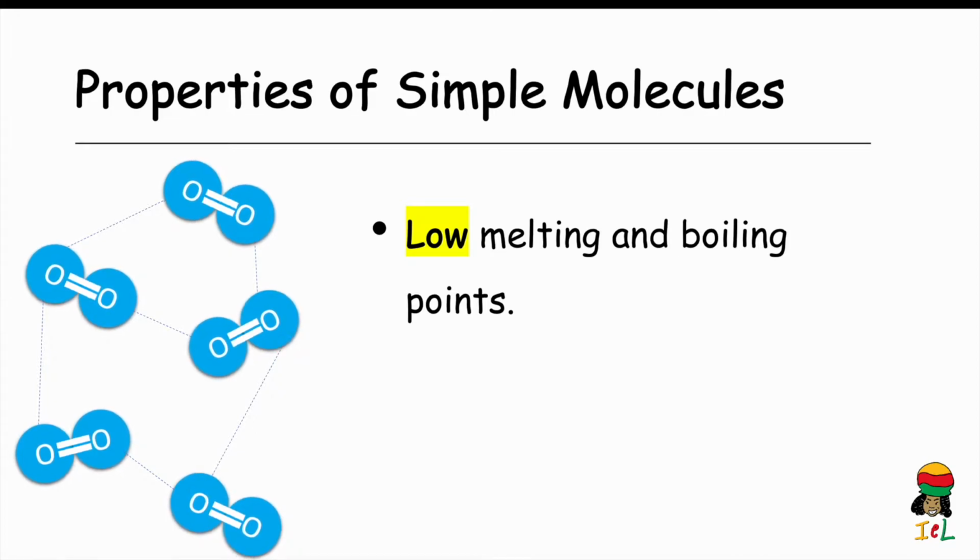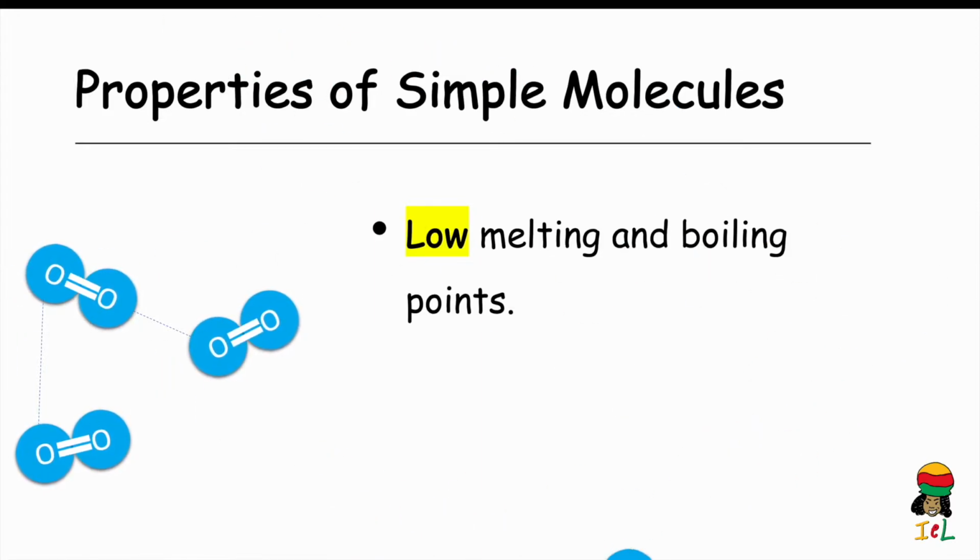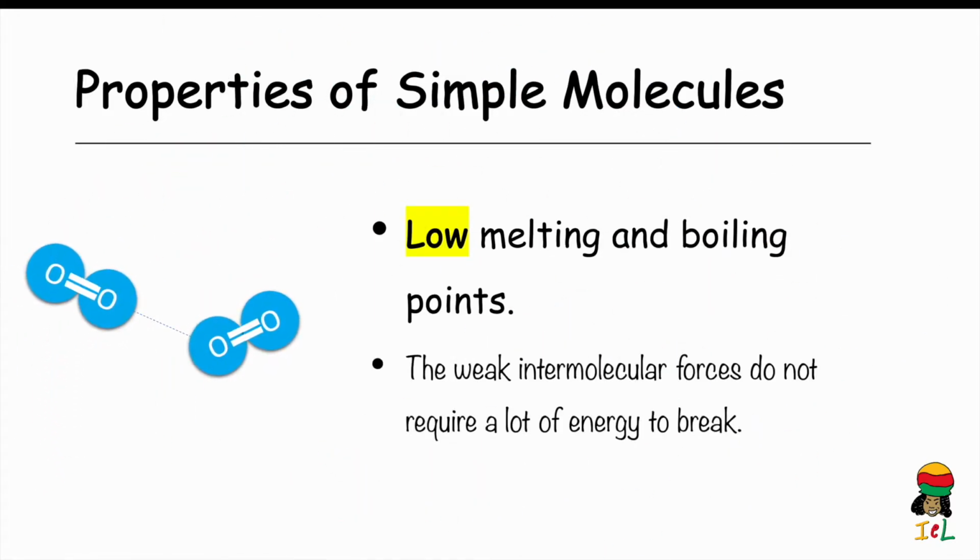When the temperature increases, the molecules vibrate faster, eventually gaining enough energy to break free or overcome the weak intermolecular forces and escape into the gaseous state. Note that weak intermolecular forces do not require a lot of energy to break.